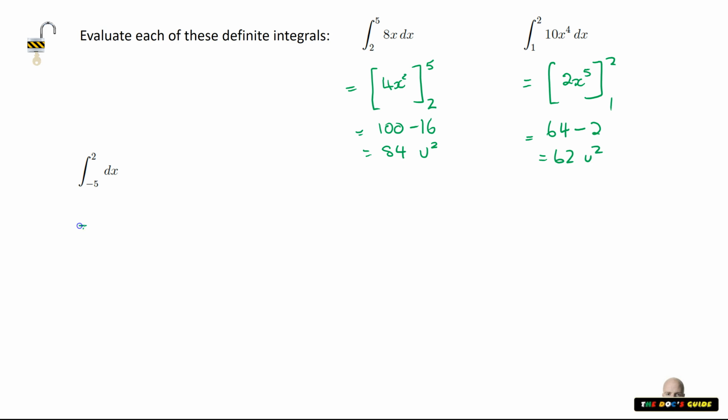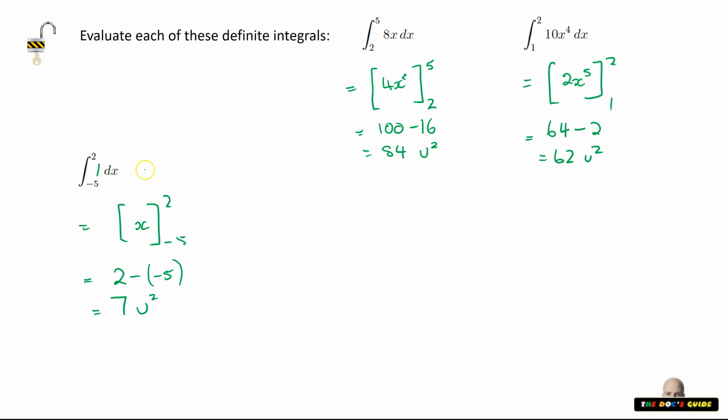For our next one, the integral from minus 5 to 2 of dx, there's really a 1 in here. The primitive of 1 is x. So we're going for x from 2 to minus 5. We put in x equals 2, minus putting in minus 5, and we get 7 square units. If we drew these curves, what we're doing is finding the area.